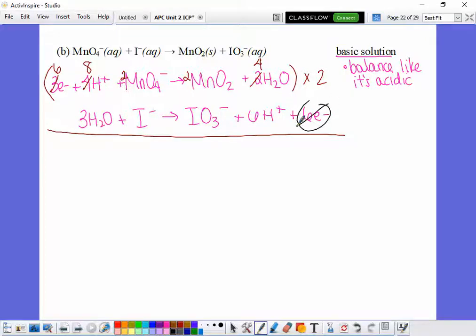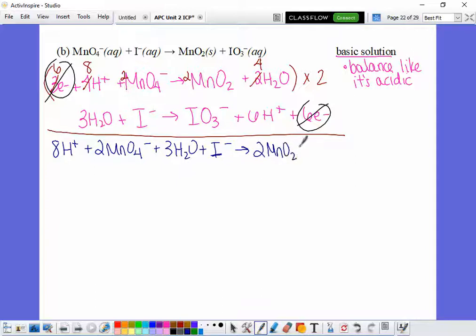Let's go ahead and cancel those. So when we recombine these, we get 8H plus 2MnO4 minus plus 3H2O plus I minus going to 2MnO2 plus 4H2O plus IO3 minus plus 6H plus.